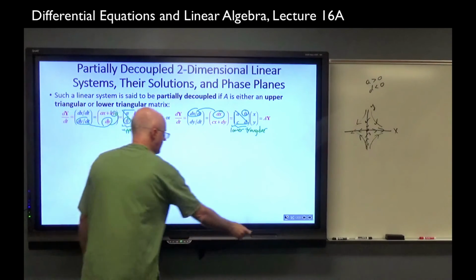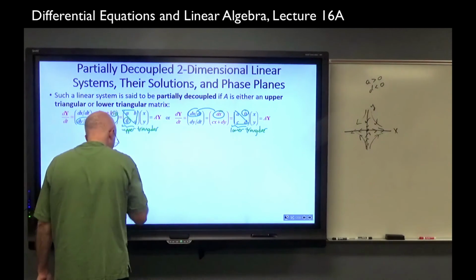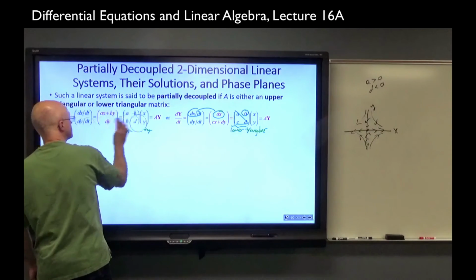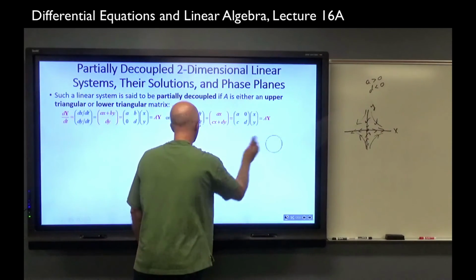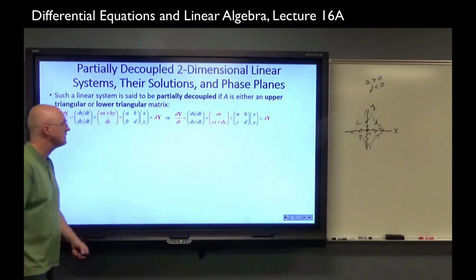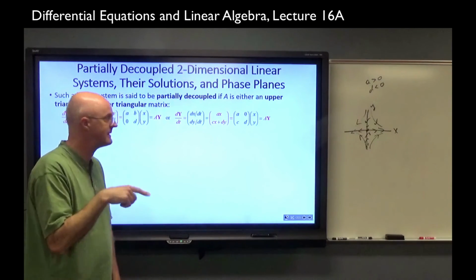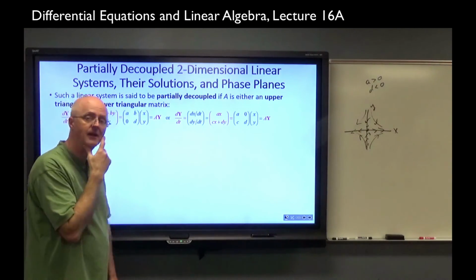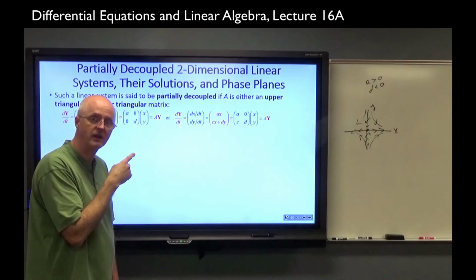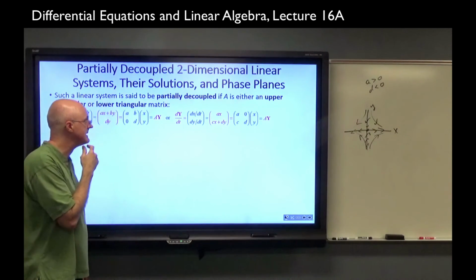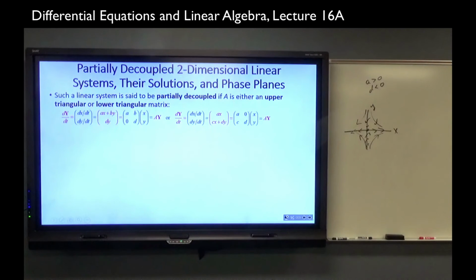I ended up using Mathematica to get the solutions here, partially for the sake of time. I will do some examples in the next lecture, 17a, where I plug in particular numbers for a, b, c, and d, and show you how to do the substitution using either integrating factors or undetermined coefficients.